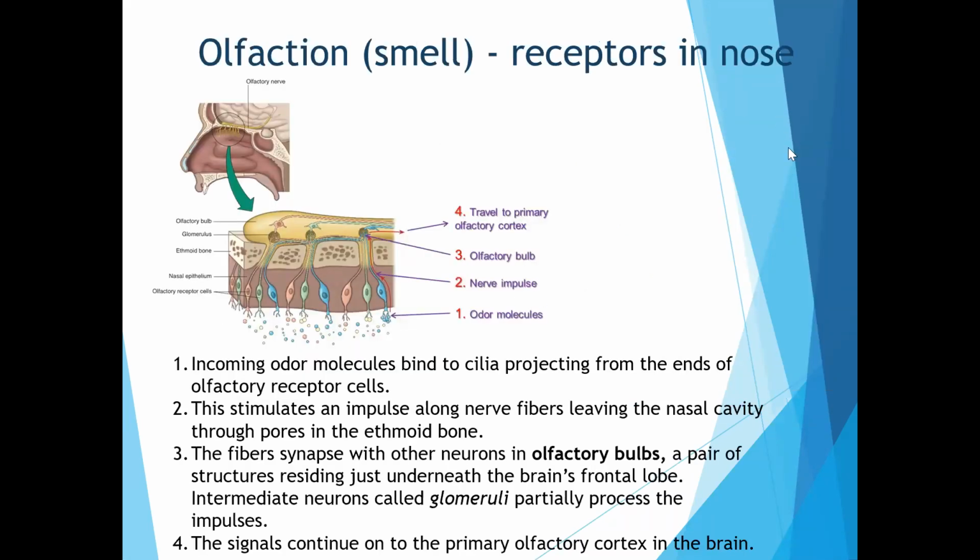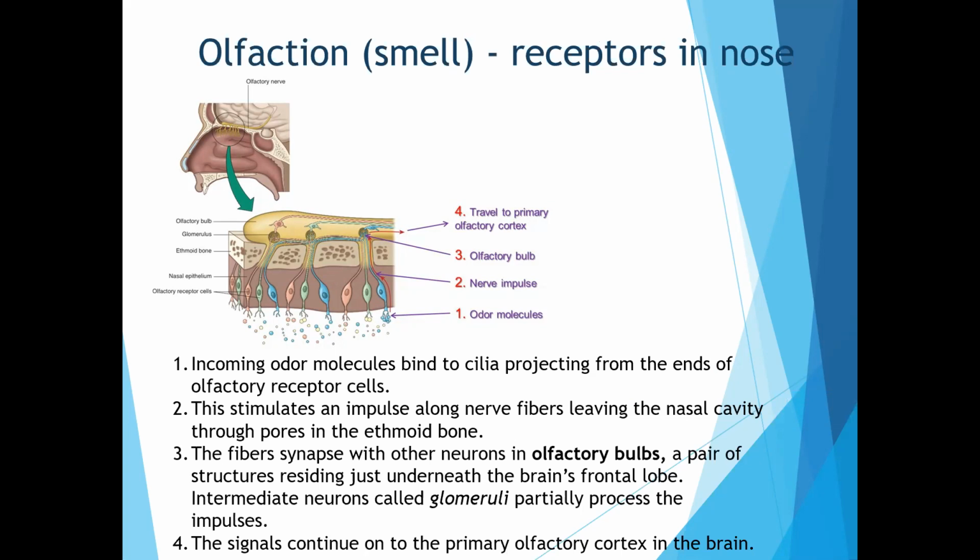Moving on to olfaction, which is the scientific word for smell. So odor travels in molecules. These molecules bind to our cilia. Remember, these are projections, like those hair-like projections at the end of olfactory receptor cells. So we have receptor cells specific to smell.